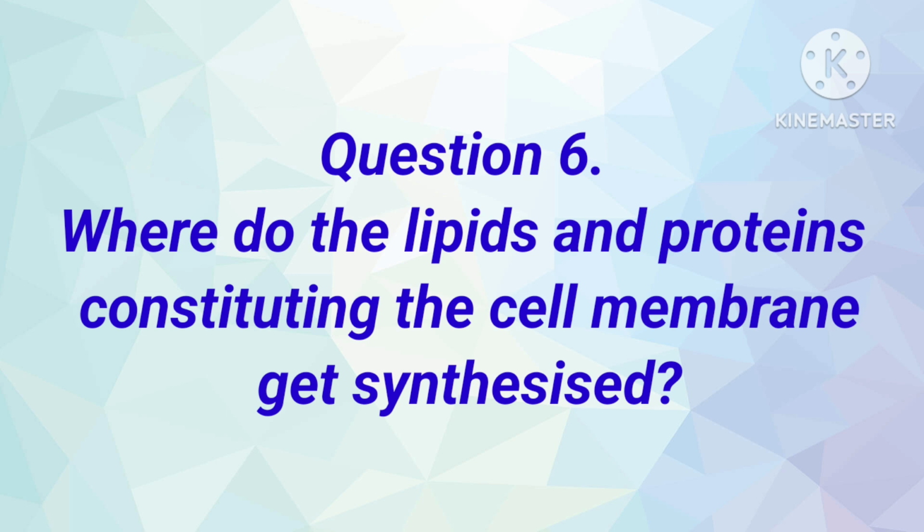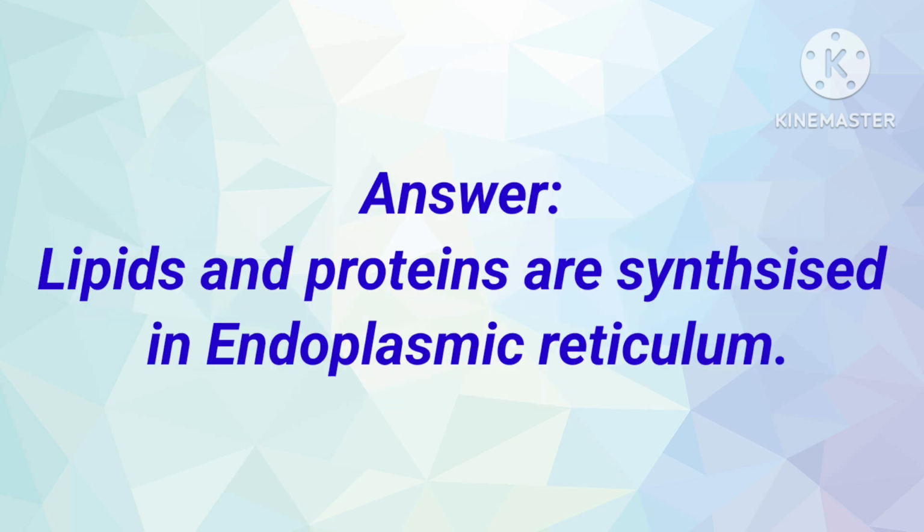Where do the lipids and proteins constituting the cell membrane get synthesized? Lipids, proteins and carbohydrates are nutrients that are very important to our body. But where are these synthesized?